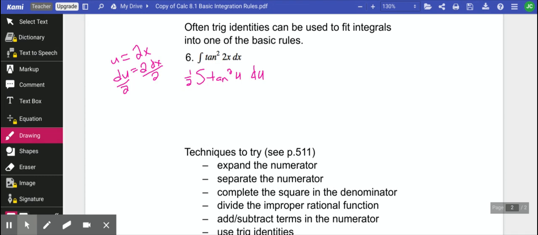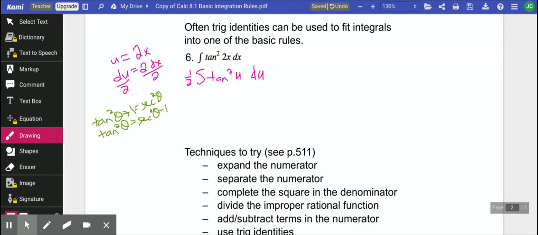Do you remember Pythagorean identities? One of your Pythagorean identities is something like tangent squared theta plus 1 equals secant squared theta. It's the second Pythagorean identity. So if you solve that for tangent squared, we get secant squared minus 1.